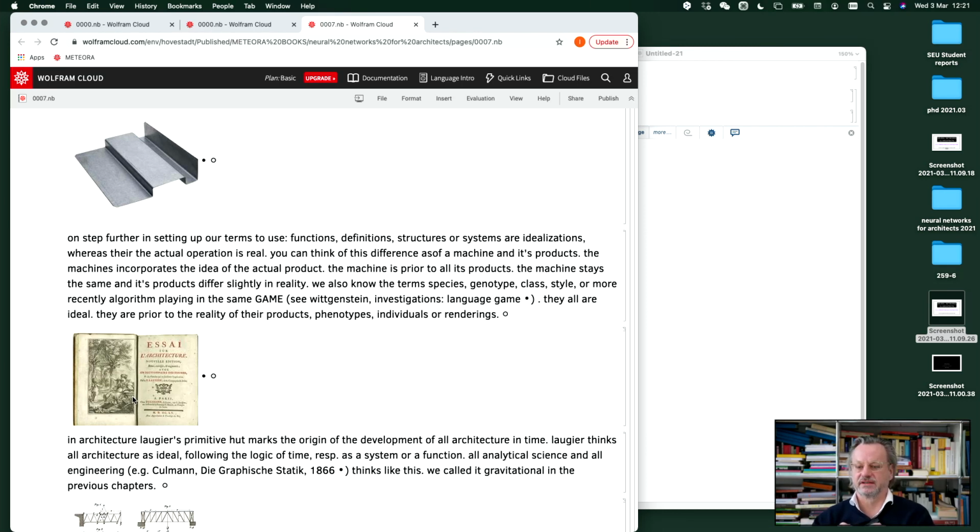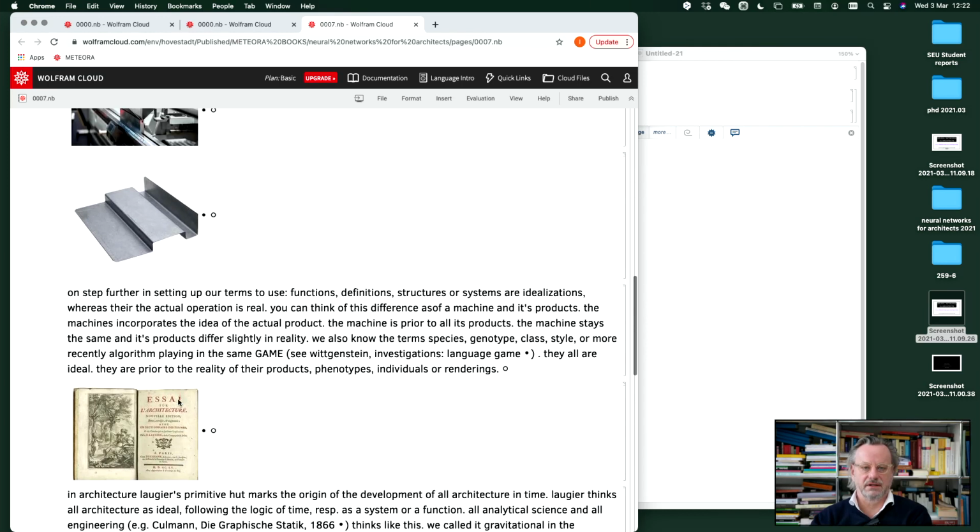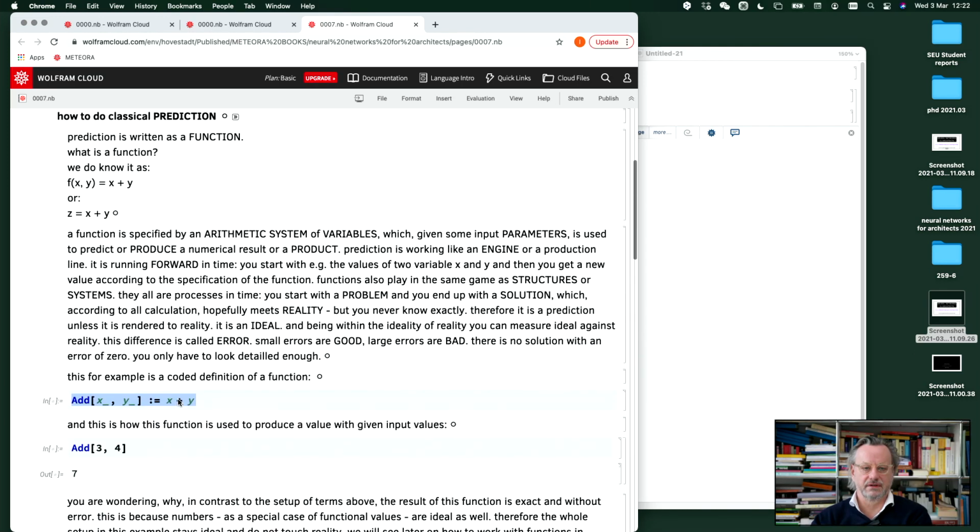And all discussions in style and so on in architecture is about having good architecture. How to do that. The same with civil engineering. So you have the graphic statics here, like Culmann. These are ideal forms. To make them real is never perfect. Good. I think this is the first. This is prediction.